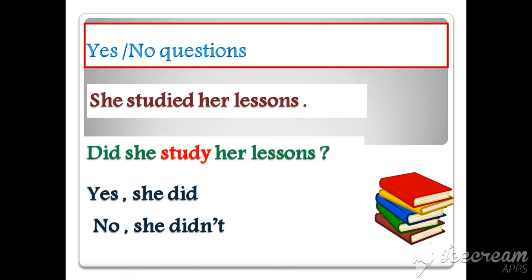The first thing is to write did in the beginning of the sentence, and the second thing is to change the past tense into present tense. So the first thing is to add did and change the verb into present.